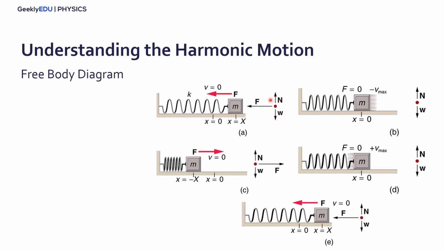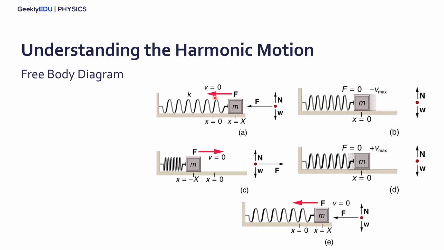So if we do the balance of forces here, we have the normal force and the weight. They're equal in this case. And imagine that the spring is stretched. Because of this, we have a force pointing in this direction toward the wall, because of Hooke's law.